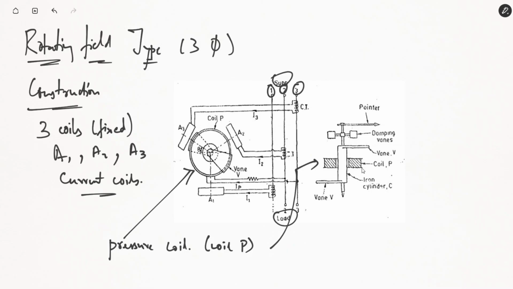So this is your coil P. On either side of the cylinder there are guiding vanes. Attached with this vane is also the pointer that will actually show the reading, as well as damping vanes.